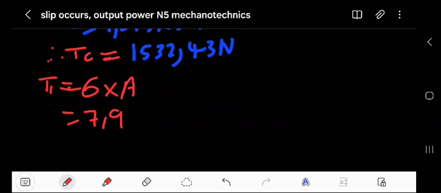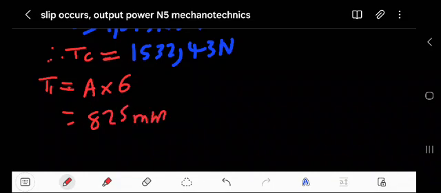So if we use the area directly, let me start by writing area here. Area, if you use it, is like this, 825. Remember, it's given in millimeter squared, but when you convert, this will be times 10 to the minus 6.